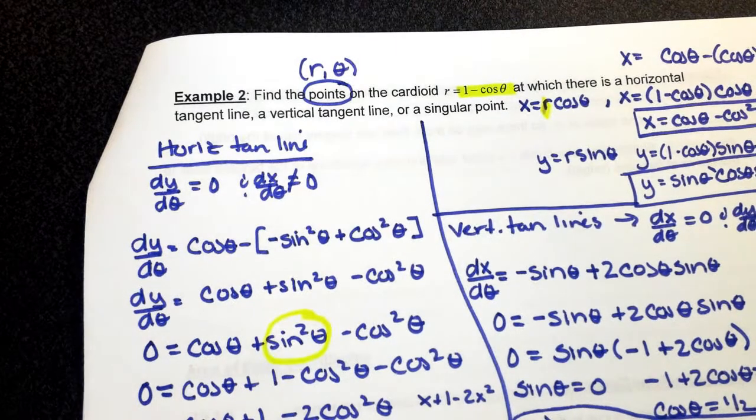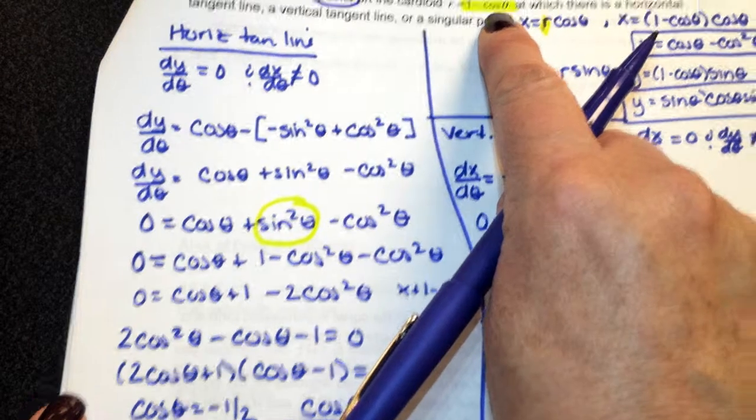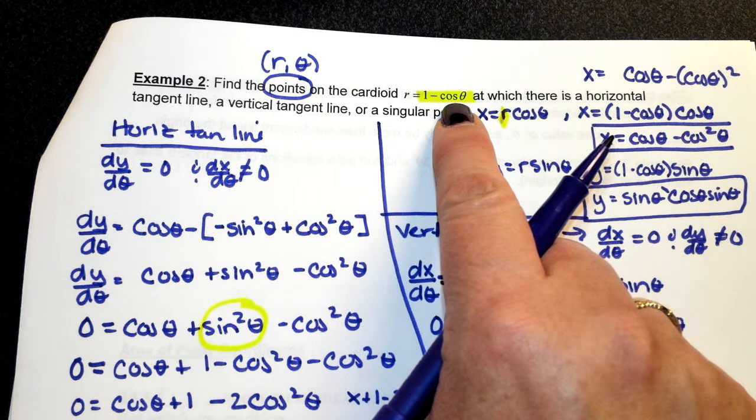So now, if theta is equal to 2 pi over 3, how can I calculate the r value? I simply plug it back into my equation, r equals 1 minus cosine theta. What is the cosine of 2 pi over 3? Negative 1/2. So 1 minus negative 1/2 is going to give me 1.5 or 3/2.